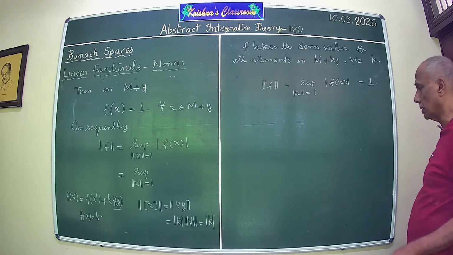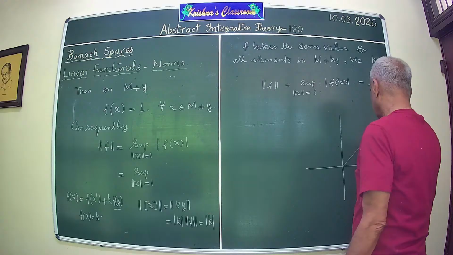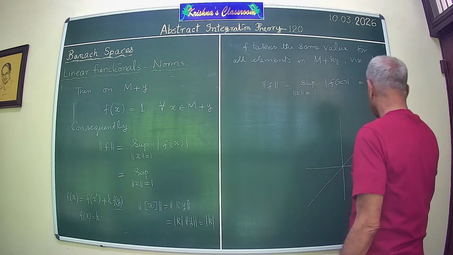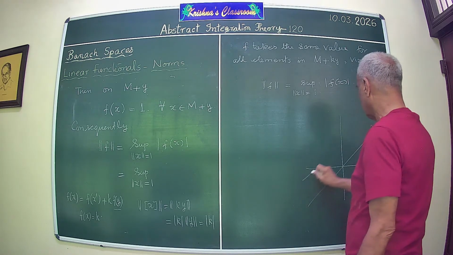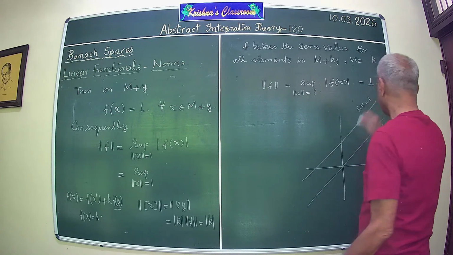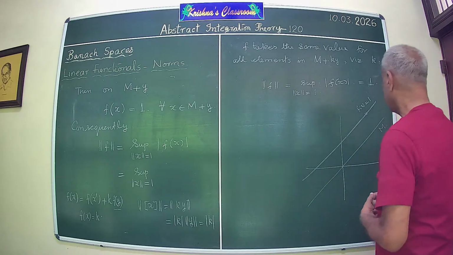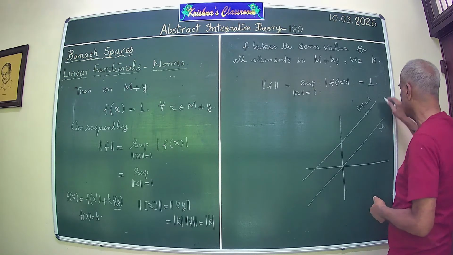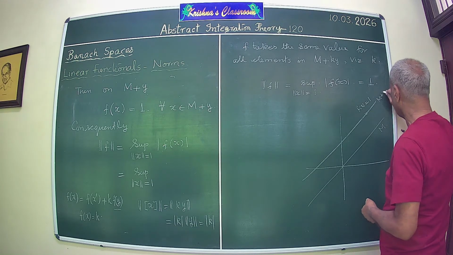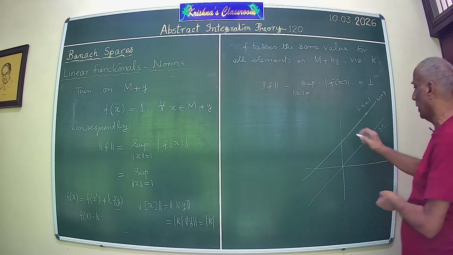Okay, because for instance you take R2, take all lines. Now you see that for any x here, this corresponds to f of x equal to 1. Okay.